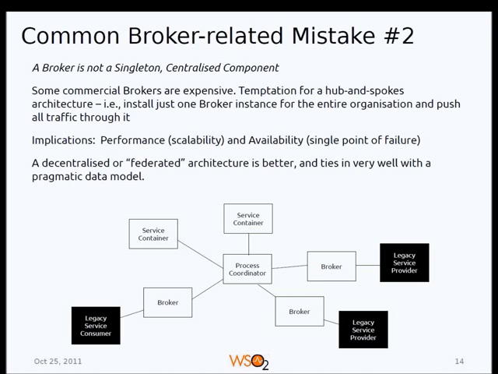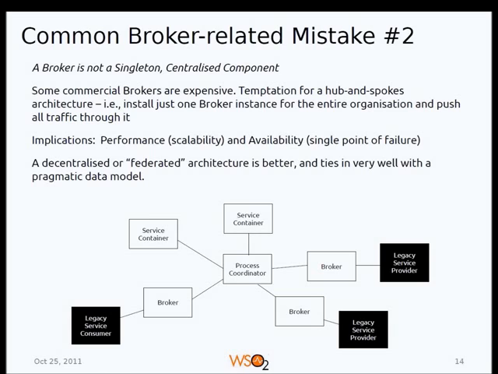Just keep one instance of the broker right in the center of the enterprise and route all traffic through that. And you might actually have two instances of it for load balancing or availability. But it's not really necessary to do this, because there's nothing in the functionality of a broker that says it should be hosted in the center.